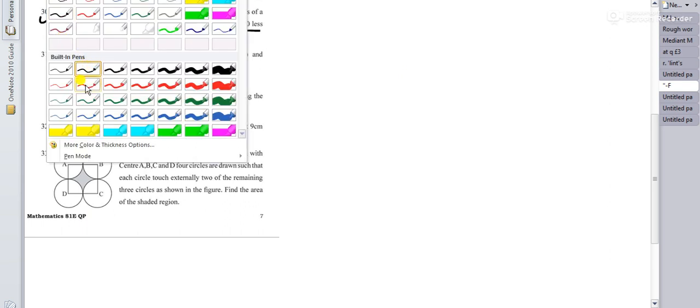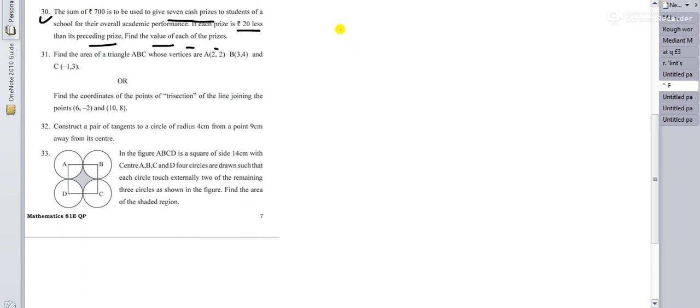Okay, see, I will explain it like this. Imagine there are 7 members, number 1 2 3 4 5 6 7. So they all were given some amount and the sum was 700, meaning S7, the total will be 700.